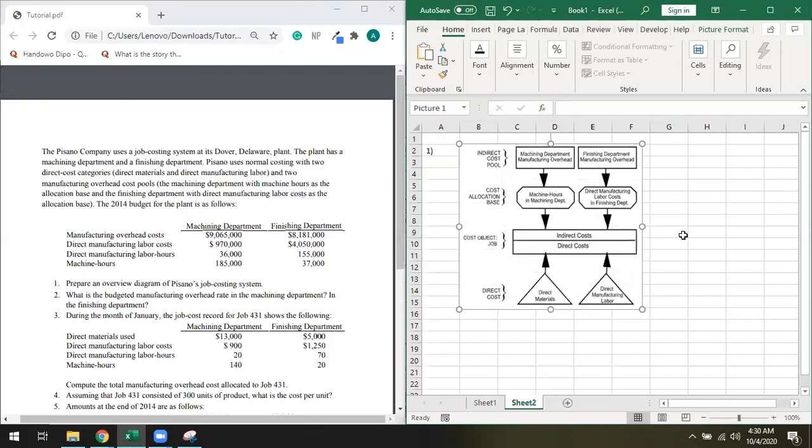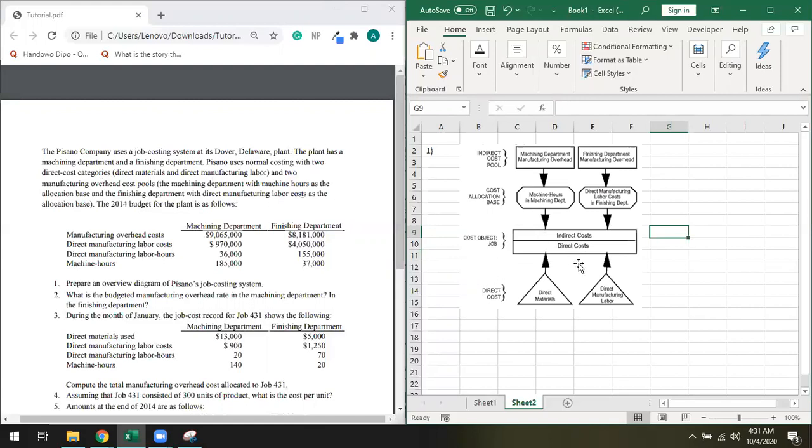If you want to prepare an overview diagram of a company's job costing system, the first thing that you want to do is to identify the cost object. Because there is no information regarding the product that the Pisano company produced, we just call the cost object a job. So the job is the product that the Pisano company produces.